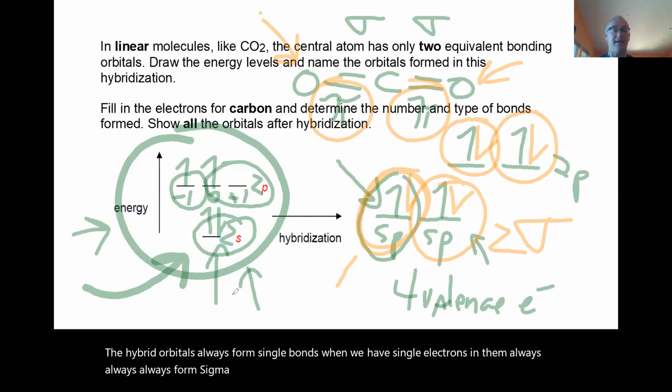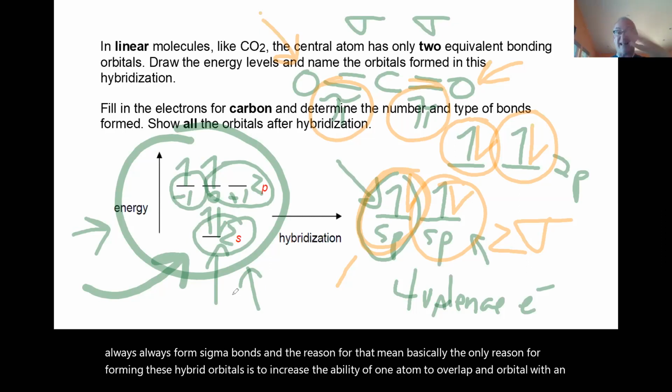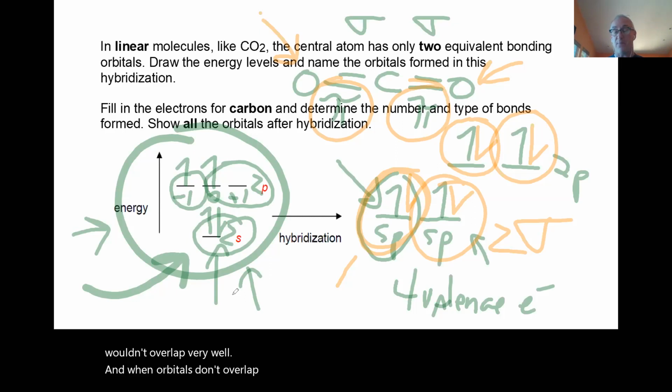And the reason for that, basically the only reason for forming these hybrid orbitals, is to increase the ability of one atom to overlap an orbital with an incoming atom's electrons. That's the whole reason for forming them. Because if we didn't do that, they wouldn't overlap very well. And when orbitals don't overlap very well, we get weak bonds.